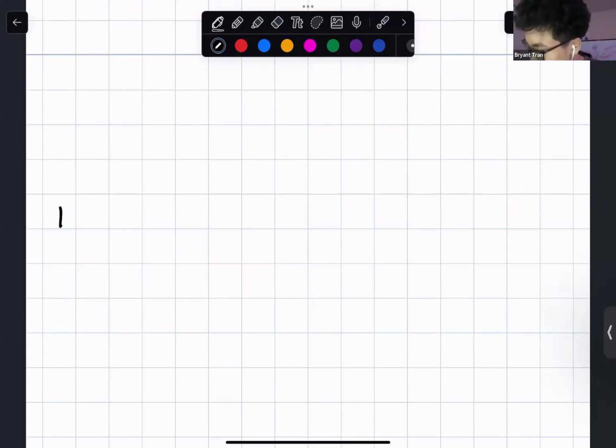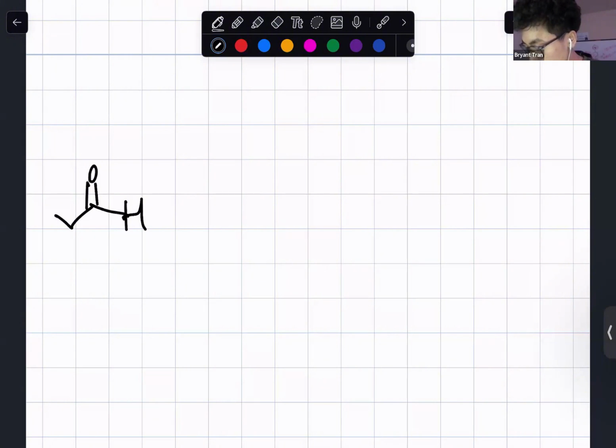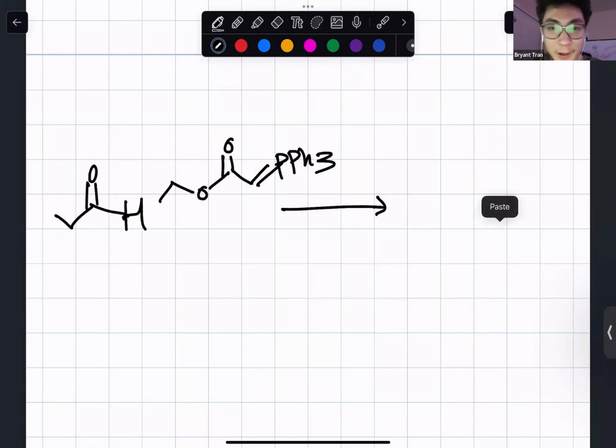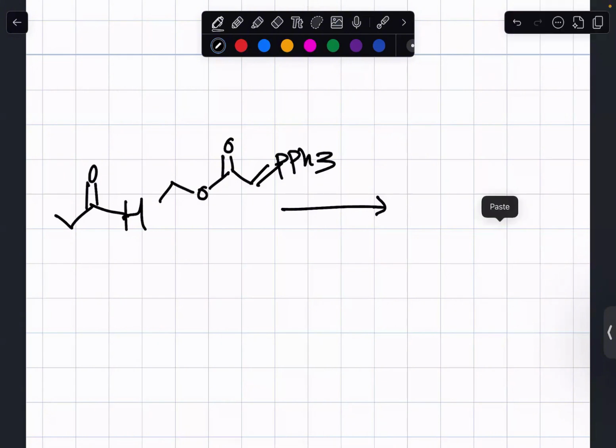Let's say we have this aldehyde, and we have this ylide right here. I want you to predict the product here, and then once you have it, send me the picture on Zoom or Discord.